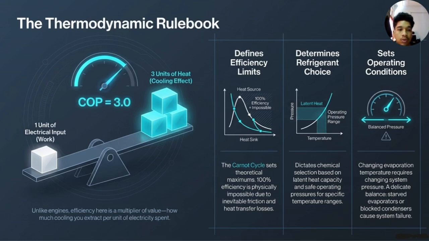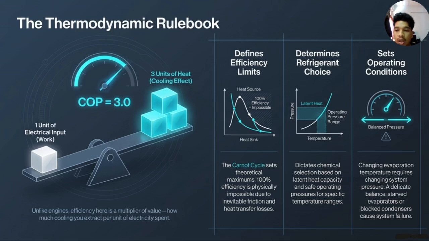So next we go to defining the efficiency. The first principle is the Carnot cycle, which defines the maximum possible efficiency of any refrigeration system. In reality, no system can achieve 100% efficiency because energy is always lost through friction, heat transfer, and other unavoidable processes.